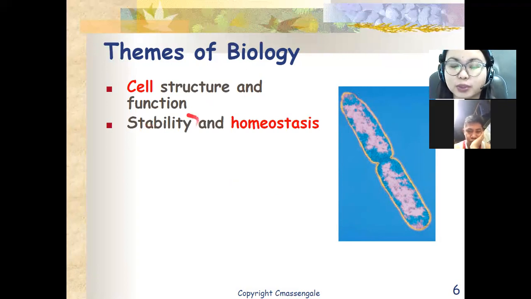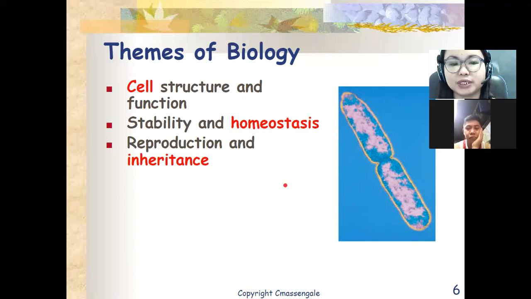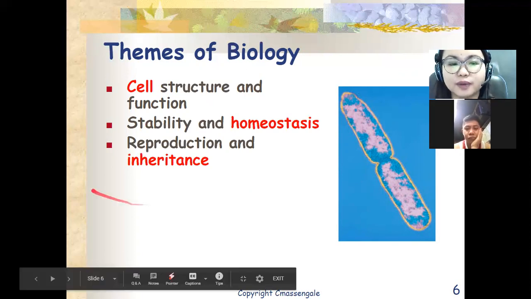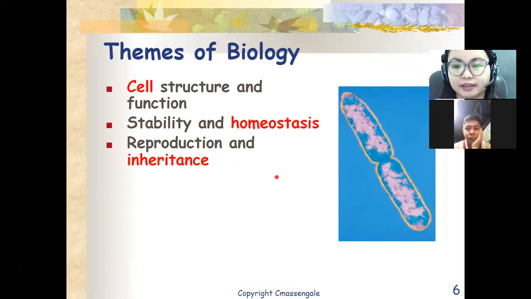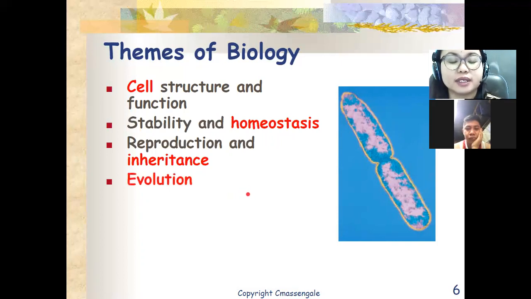We are stable because of this, and we have homeostasis. It means that we have reaction and fluidity, and we are also able to reproduce and inherit the genes that any organism gets from the mother cells.